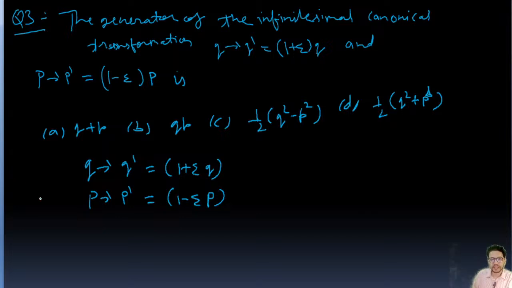So now we'll find P minus P dash. P minus P dash is going to be, this is 1 plus epsilon Q, right?